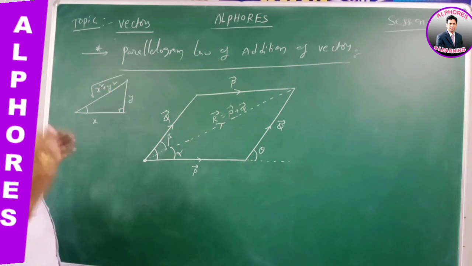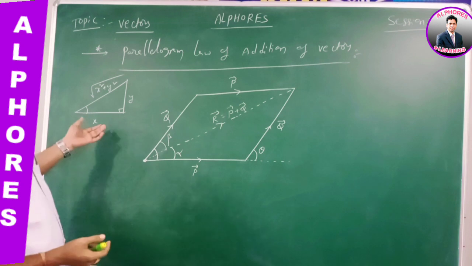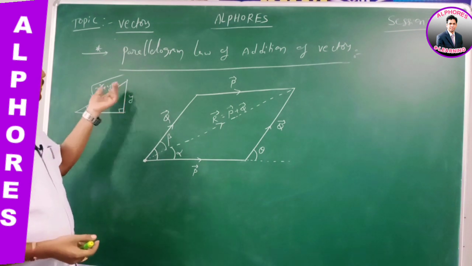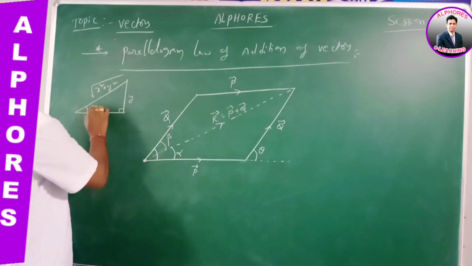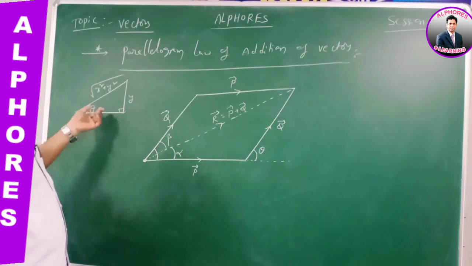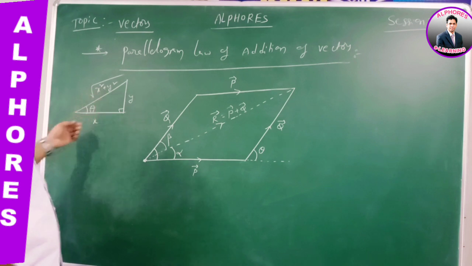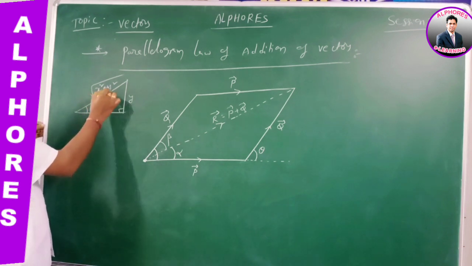As per the Pythagoras theorem, with two sides like adjacent side and opposite side, the hypotenuse is equal to root of x square plus y square.